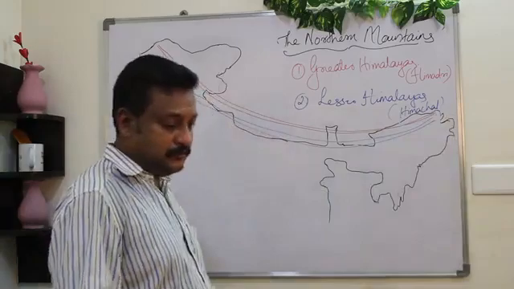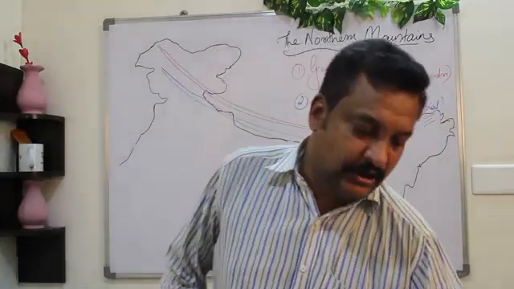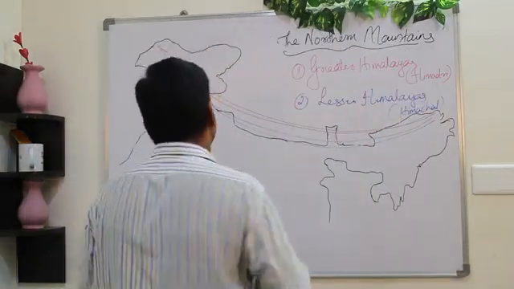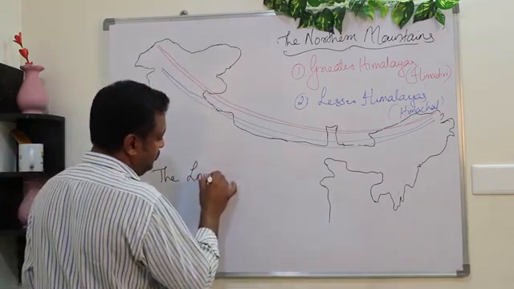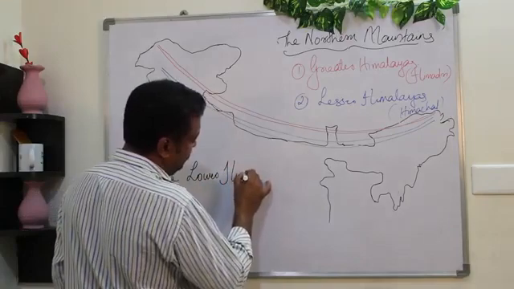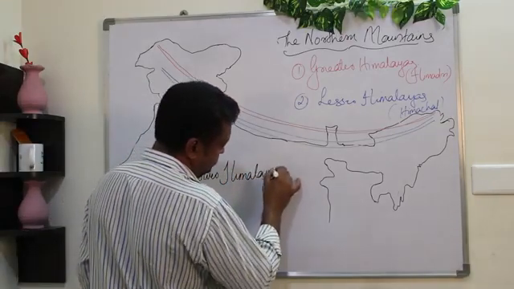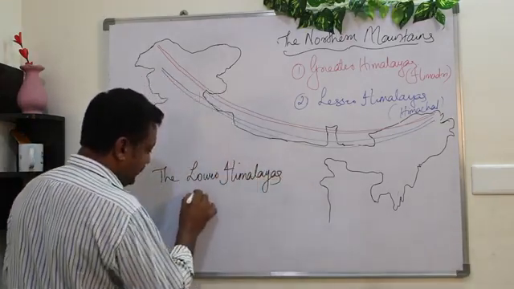Now the third one is called the Lower Himalayas, or the Shivaliks.